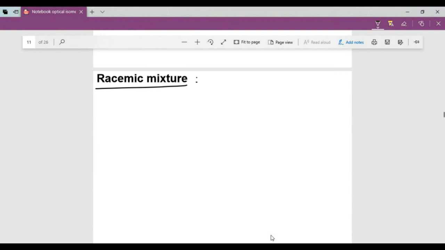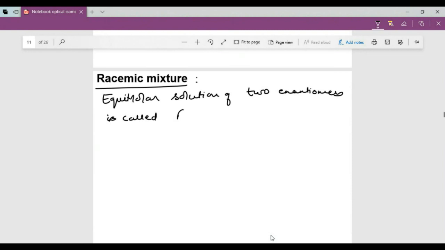In case of a racemic mixture, an equimolar solution of two enantiomers is called a racemic mixture because, the same way, if one rotates the light clockwise, the other will rotate it in the anti-clockwise direction.